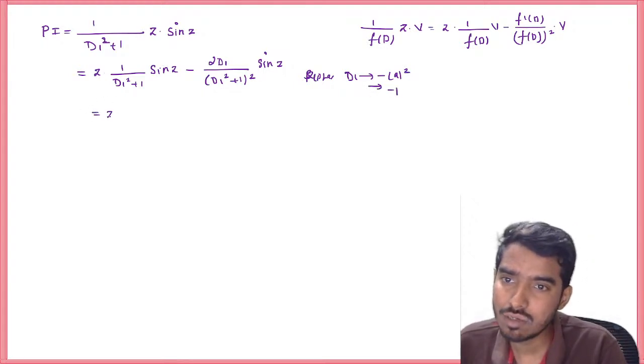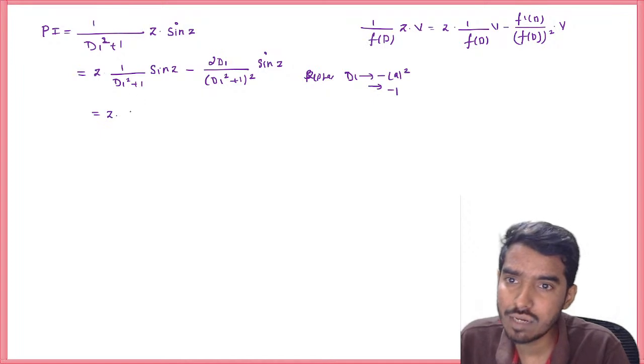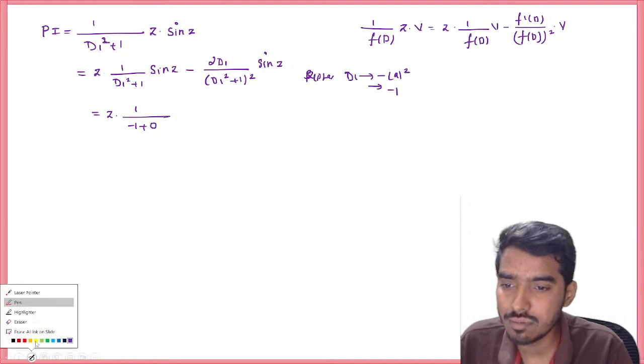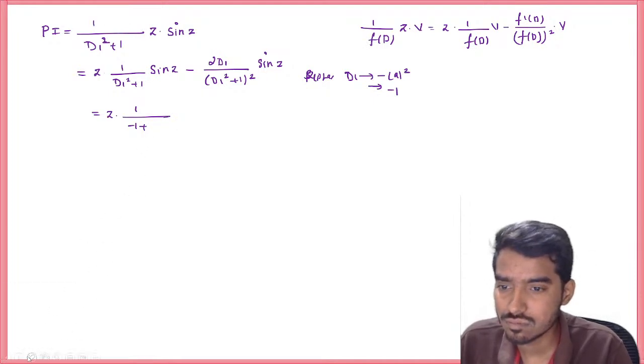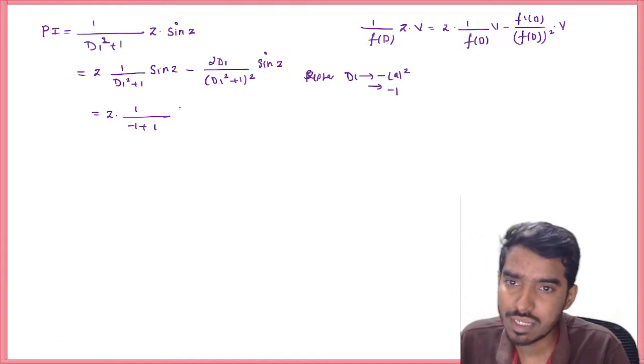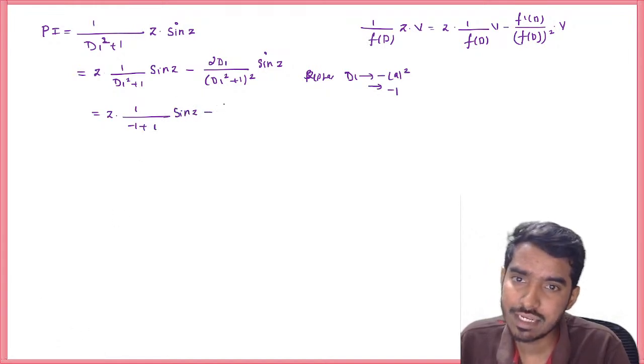So if we replace by minus 1, we will have 1 divided by minus 1 plus 1, sin z, and minus 1 plus 1 whole squared sin z.